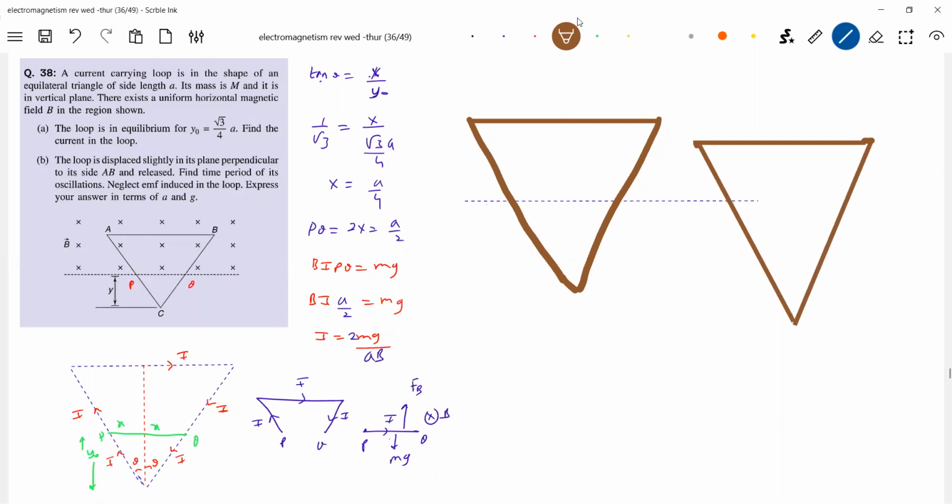Not slightly, it is displaced here. Tell me, some additional force, BL force will be increased, no? So earlier this was PQ. It was Y naught.